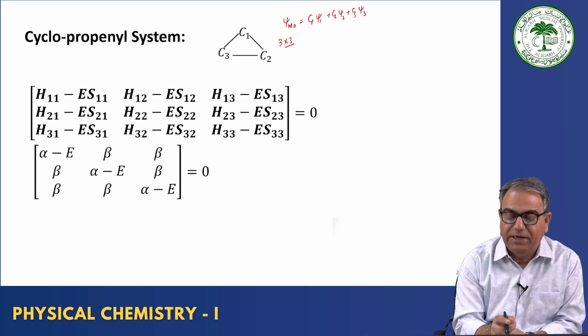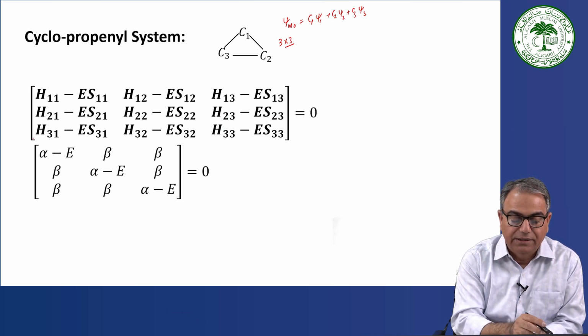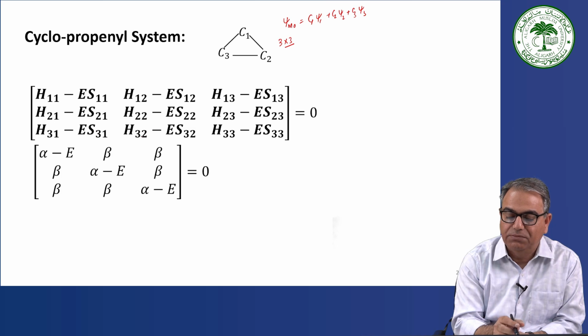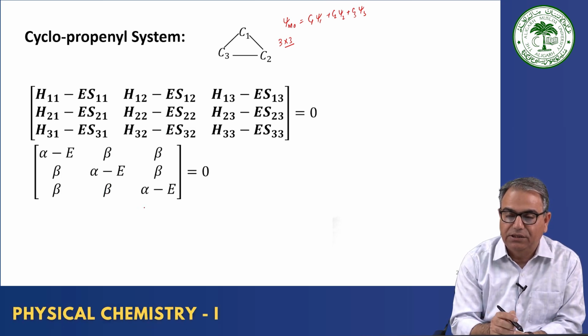H22 alpha minus E because S22 is equal to 1, then H23 is beta, but E S23 is again 0, so this term will go, you will have beta. Then H31 is also bonded, so beta, and E S31 will be 0, H32 beta because it is bonded, S32 will be 0, and you have this term as beta. Then H33 again alpha minus E S33, equal to E.